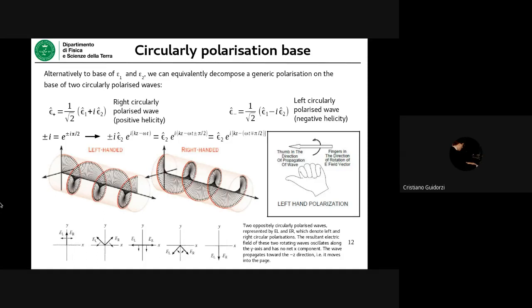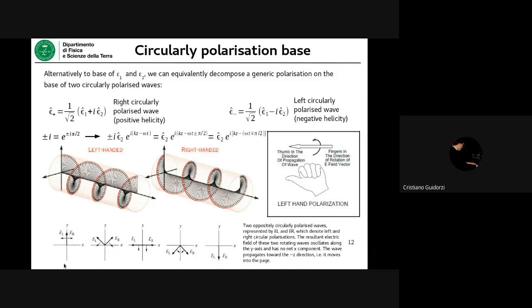Think of the special case of a linear polarization, where the electric field, for example, is oscillating up and down along the y-axis. How can this be expressed as a linear combination in the circular polarization basis? Very easy. You have two components with equal magnitude, the one multiplying epsilon plus and the one multiplying epsilon minus, which are just in phase.